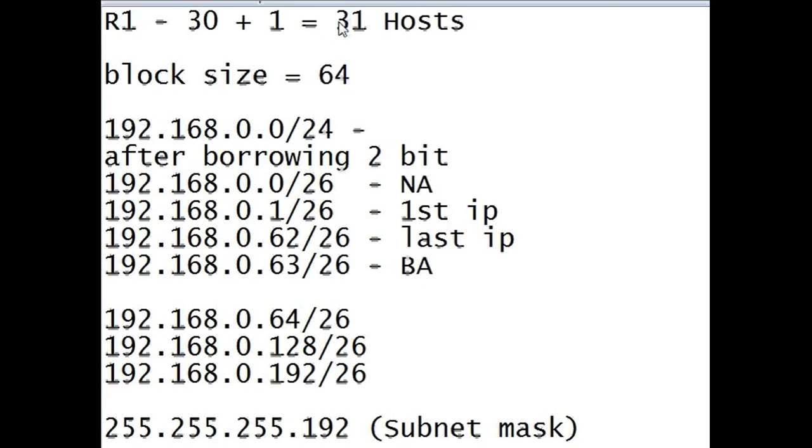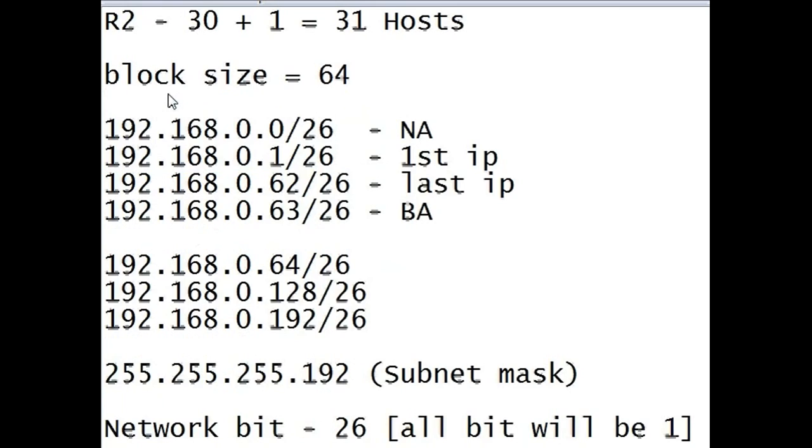If it is 31 hosts, then the block size cannot be 32, because 32 minus 2 is 30 hosts, but here I require 31 hosts. So the block size will be 64. Since this is for router 2 and the block size is 64, I have to go for the next subnetwork, which is 64.